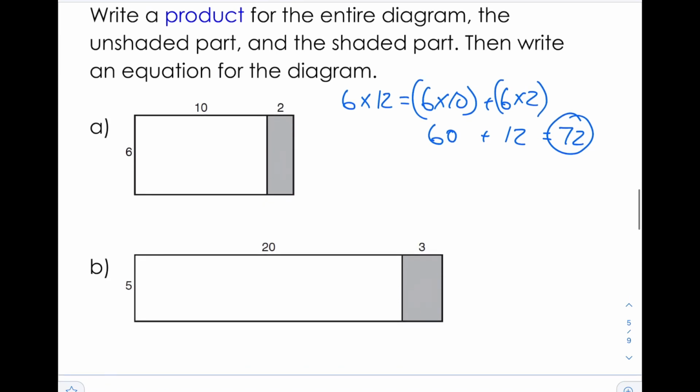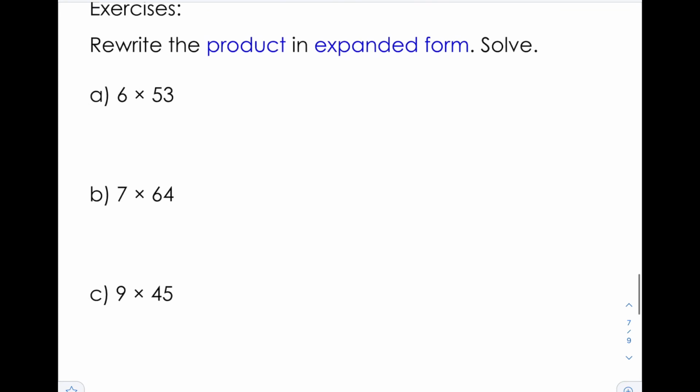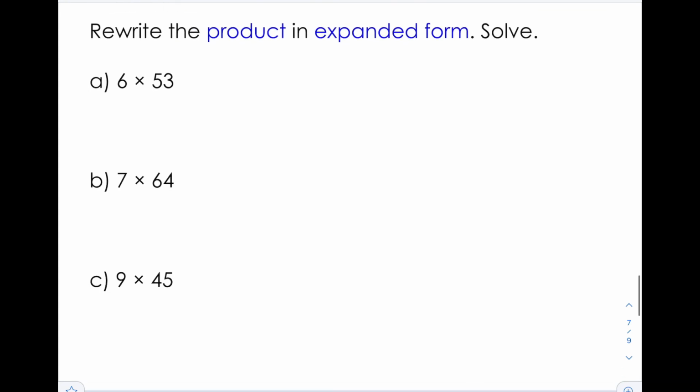And here we have 5 times 23, which breaks down into 5 times 20 plus 5 times 3. We have 100 plus 15 equals 115.